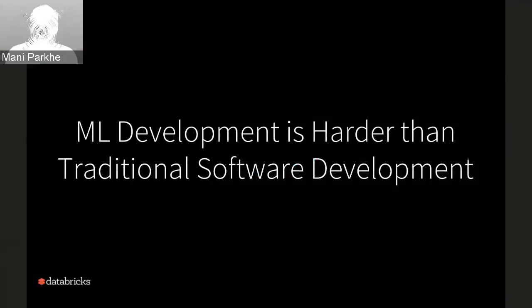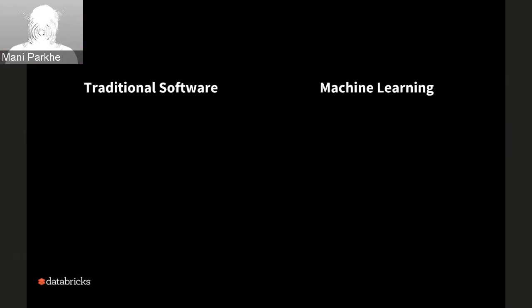I'm sure this team appreciates how complex machine learning development is, and that it's slightly harder than traditional software development as we have done it in the last few decades. To tease this out a little bit, I wanted to talk about some differences between traditional software development and machine learning development.